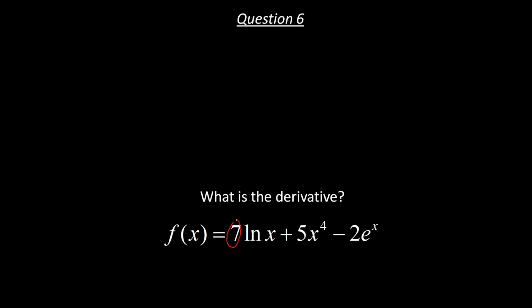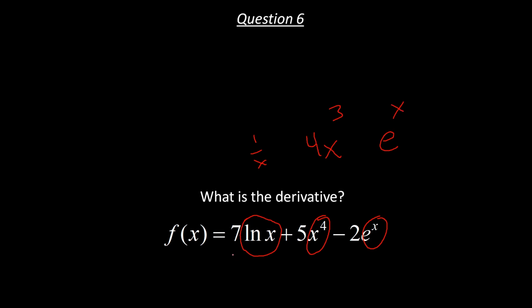And we know the constants will pull out of the derivative. So we're looking at the derivative of log x, which is 1 over x, the derivative of x to the fourth, which is 4x cubed, and the derivative of e to the x, which is itself.